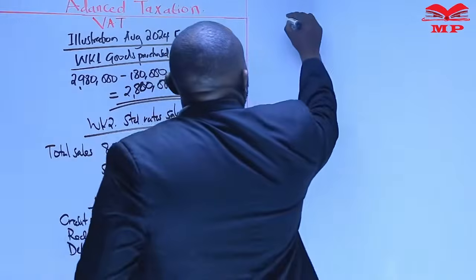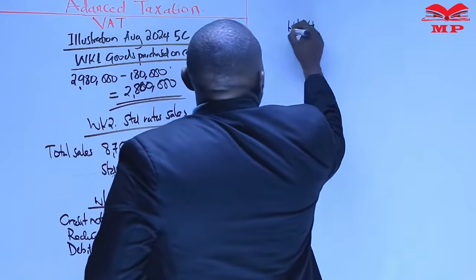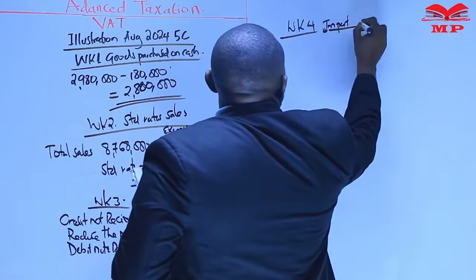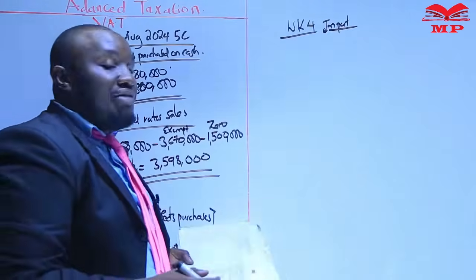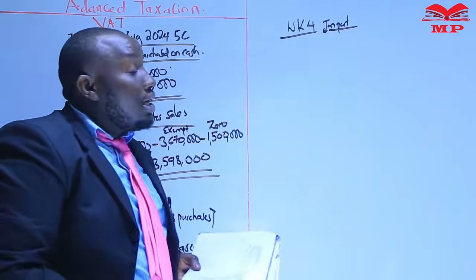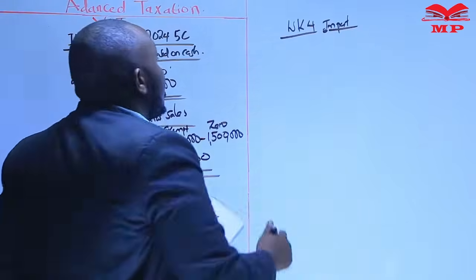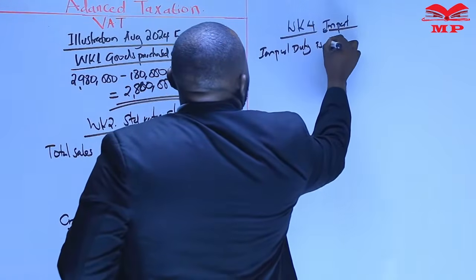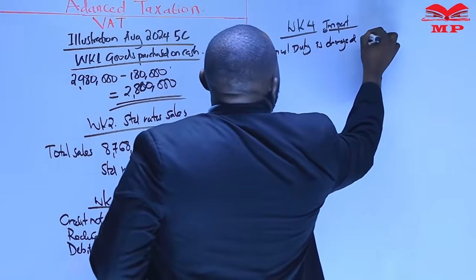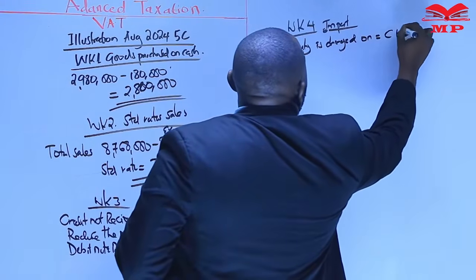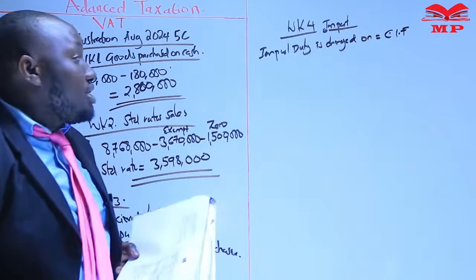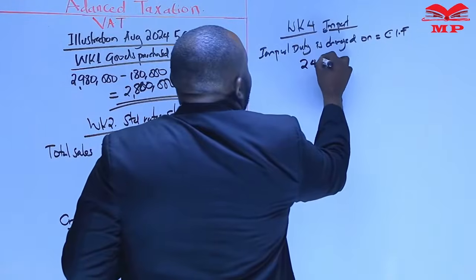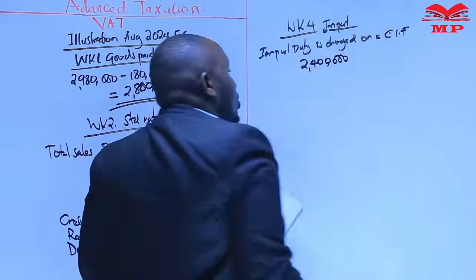So we go to working four, on import. Remember, import has a cascading effect, meaning that we charge VAT after charging import duty. Import duty is charged on the CIF, cost, insurance and freight, which is 2.4.